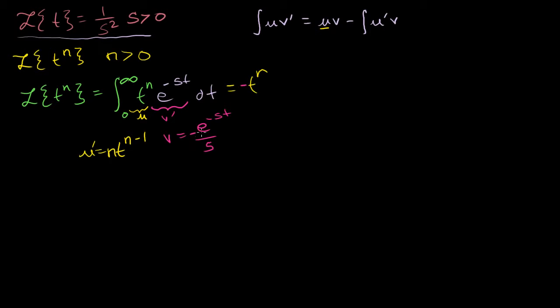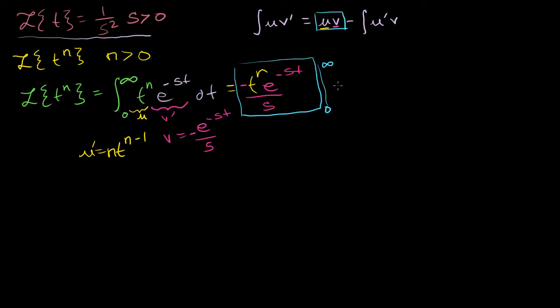I'm just rewriting this, minus e to the minus st over s. And so that's the uv term right there. I'm going to have to evaluate this from 0 to infinity, so let me write that, 0 to infinity.